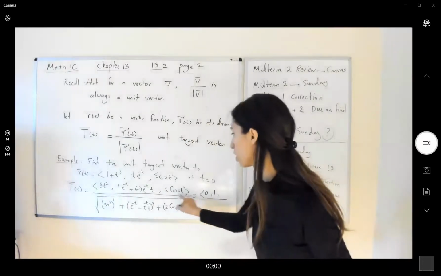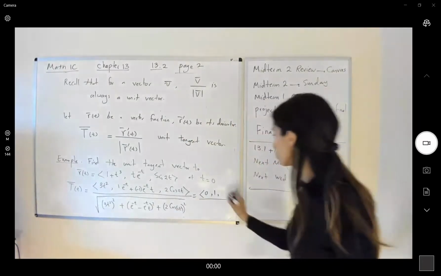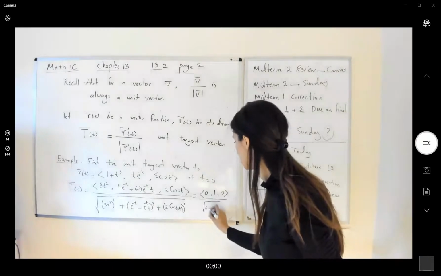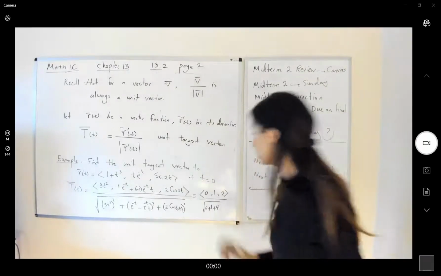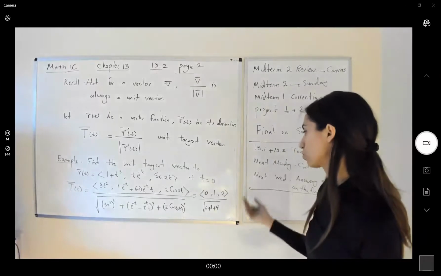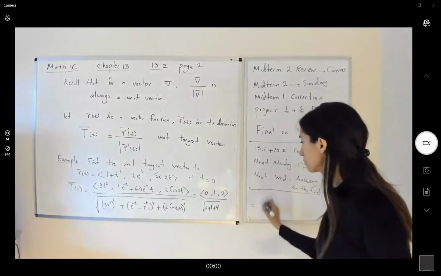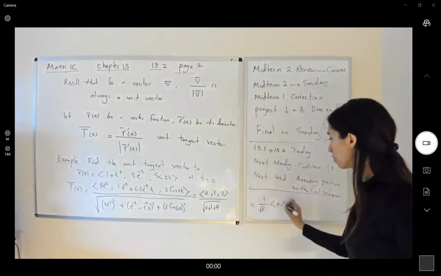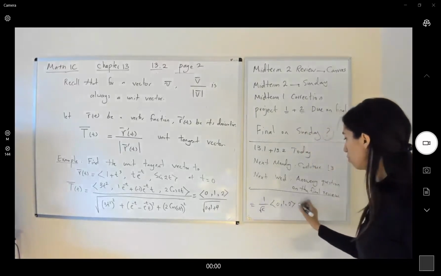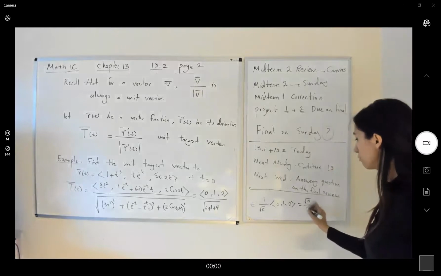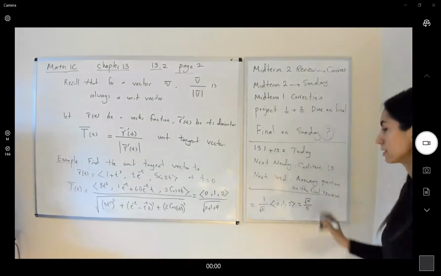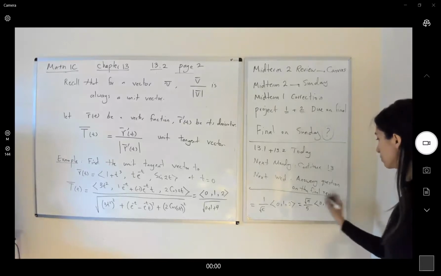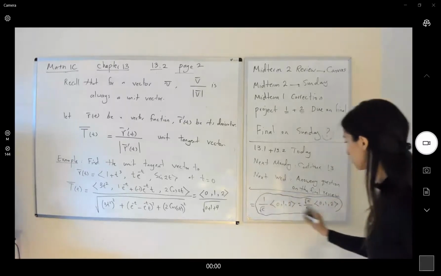And this one, by cosine of 0 is just 1, so you get 2, divided by the square root of 0 plus 1 plus 4, which is the square root of 5. So you can write this as 1 over square root of 5 times (0, 1, 2), or 4 square root of 5 divided by 5, you can rationalize it, times (0, 1, 2). Both of them are good.